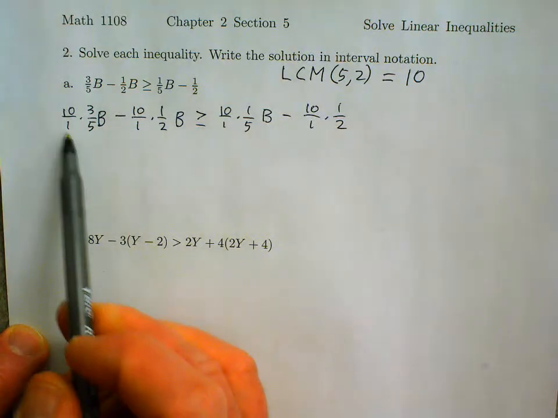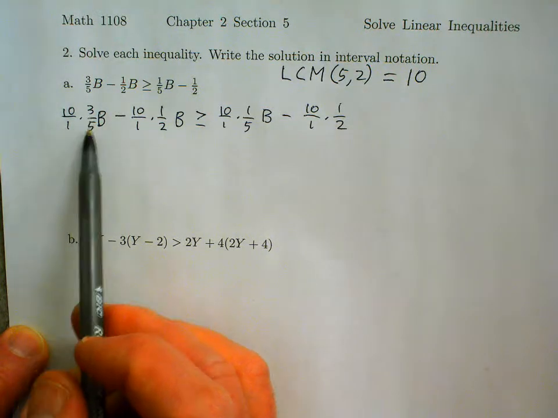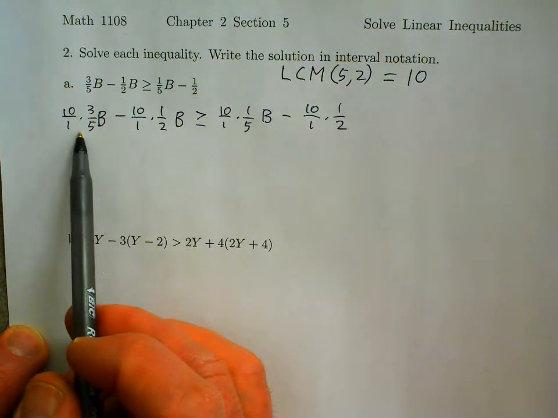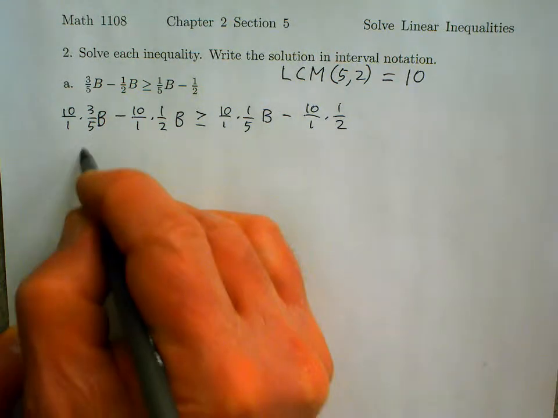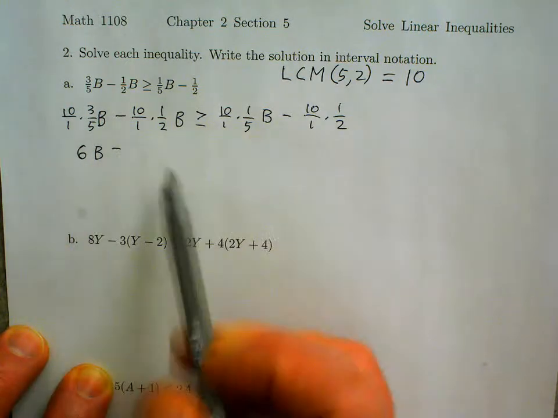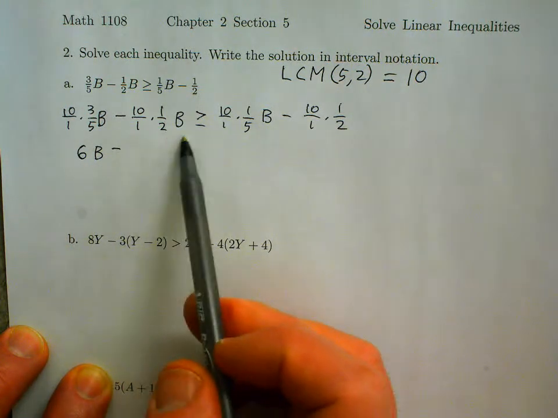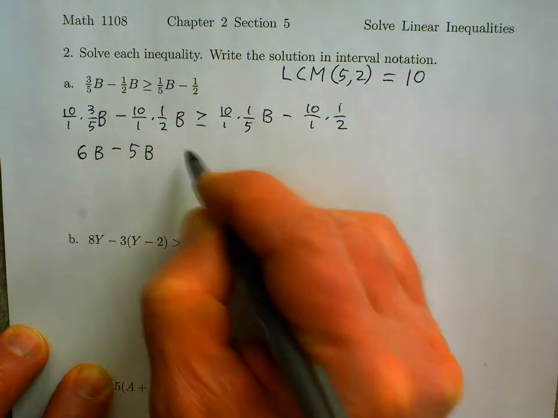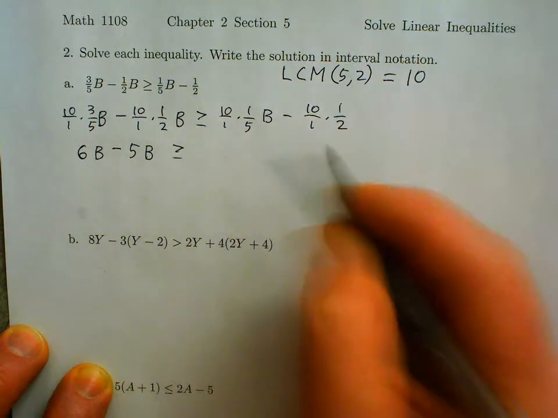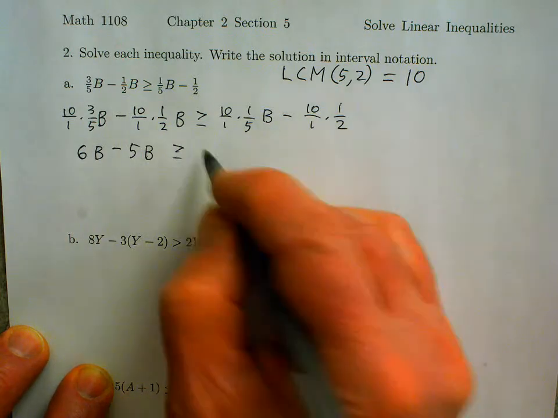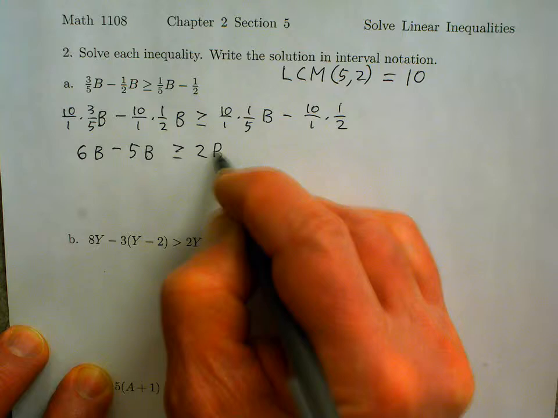Okay, so on this one, 10 over 1 times 3 over 5 times b, that's 30 over 5b, or 6b. And then we're subtracting 10 over 1 times 1/2 b, which is 5b. And this is greater than or equal to 10 over 1 times 1 over 5b, that's 2b, 2 times b.